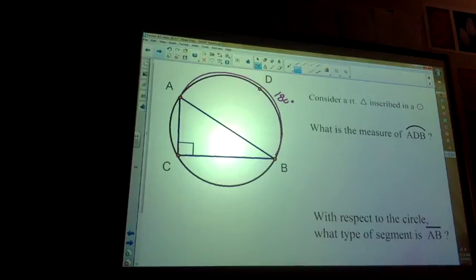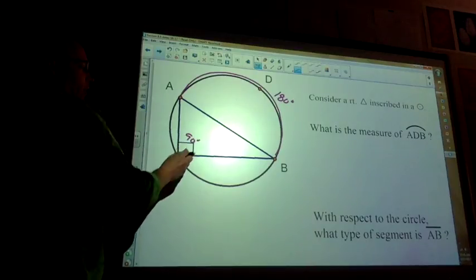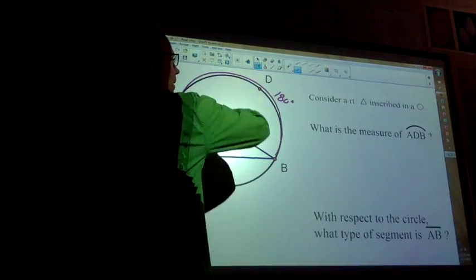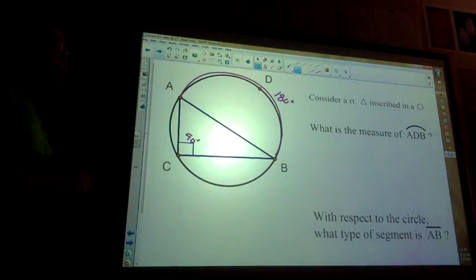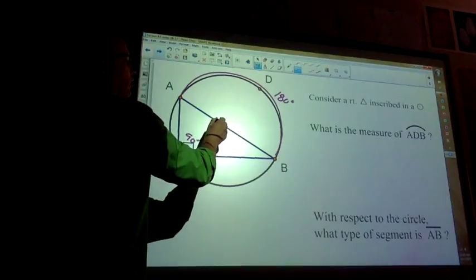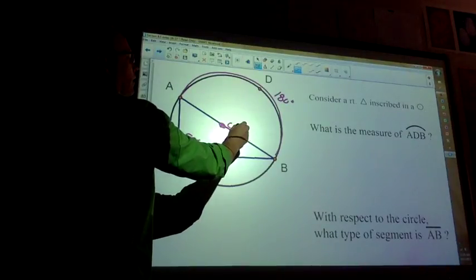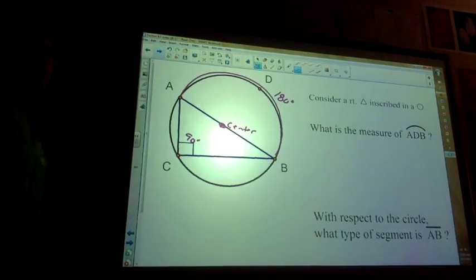So let's decide why it would be 180. If this is a 90-degree angle, and this is an inscribed angle, and it opens up, that means that the arc it opens up to has to be double it. So if that's the case, this must be the center of the circle, because that would be a diameter. Would that be okay?